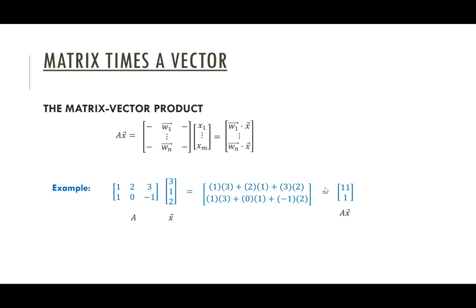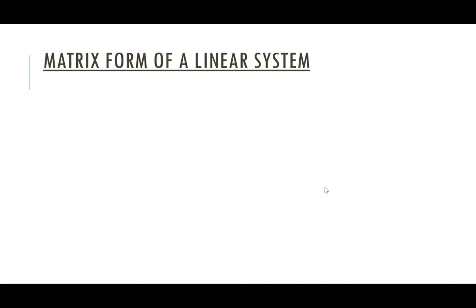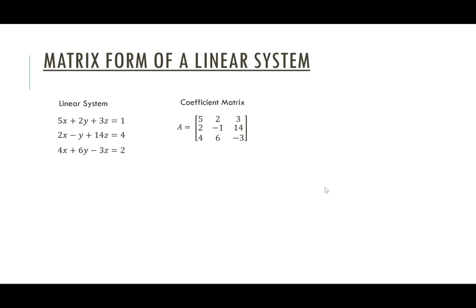So now the buildup: finding and defining the matrix vector product was a big deal, but it was all motivated by linear systems. So let's end with this concept of the matrix form of a linear system. We've got this linear system from before.